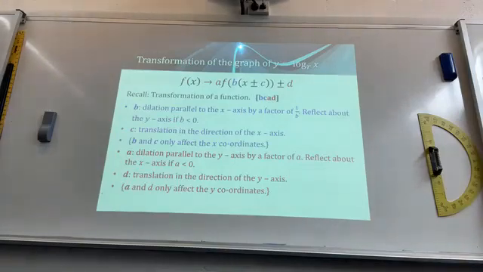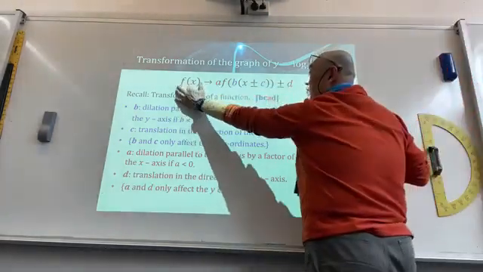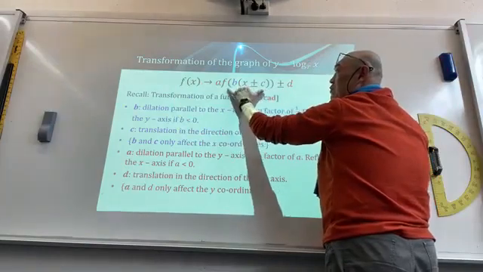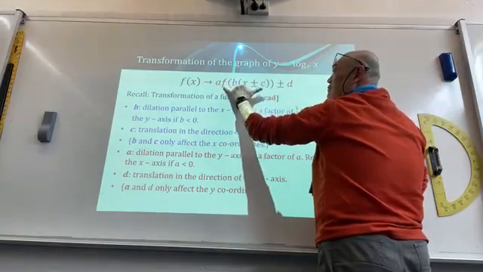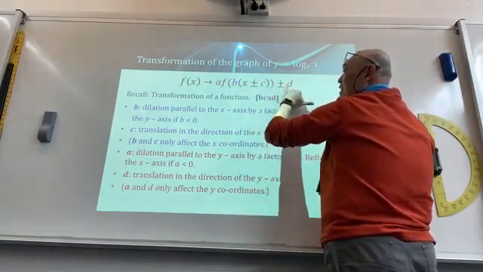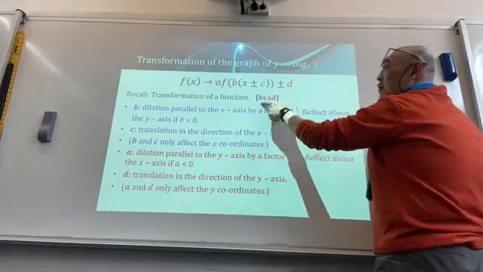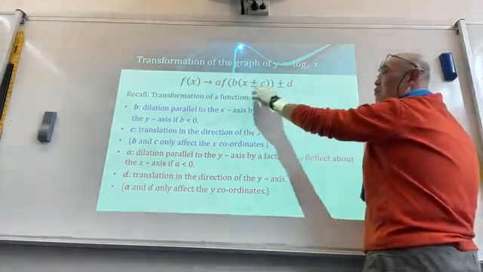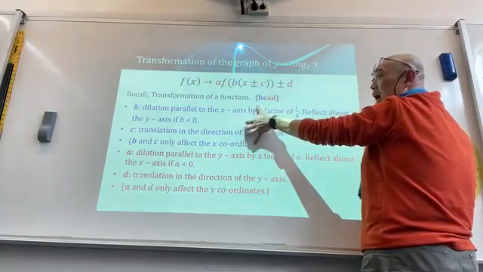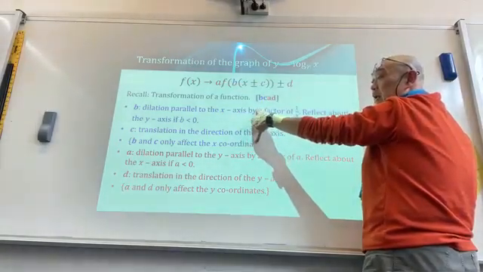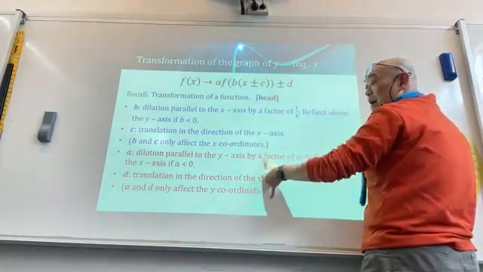Now, recall your Year 11 methods. BCAD. Yes, your transformation BCAD. When you transform a function f(x) to a times f(bx + c) plus or minus d, we use BCAD, where b and c affect the x coordinates, whereas a and d affect the y coordinates.